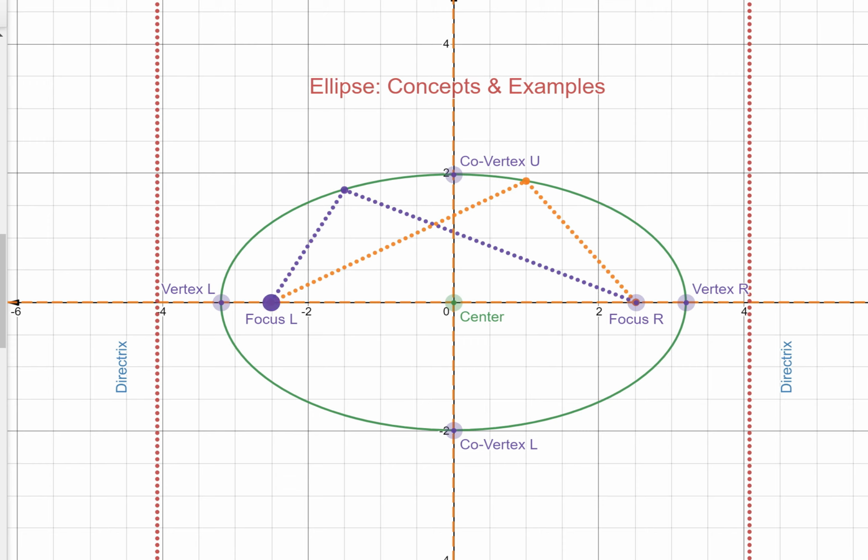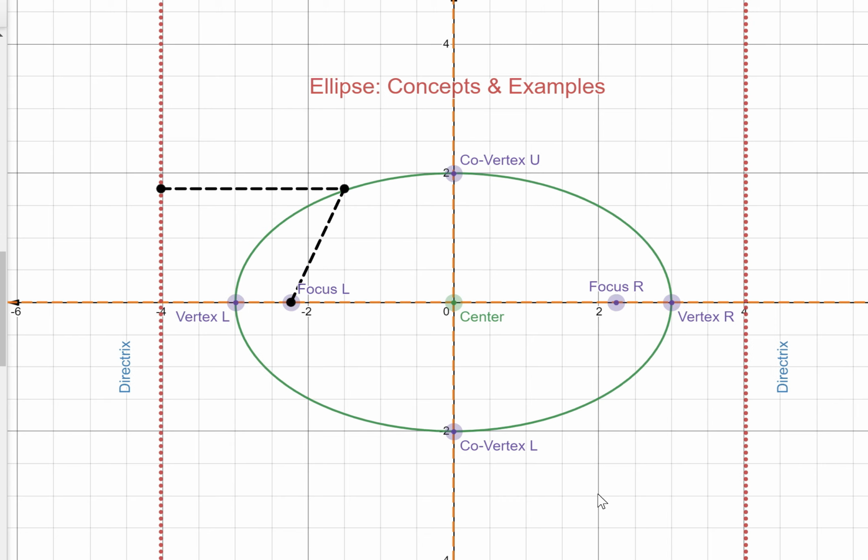As shown here, the sum of distance for the point in purple from focus on the left and from the right, if you add that up, is also equal for the point which is shown in orange. And it is true for all the points on the curve itself. So that gives you a formula to work with, and that results into the equation of an ellipse.